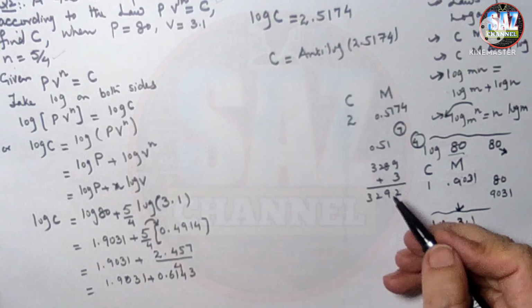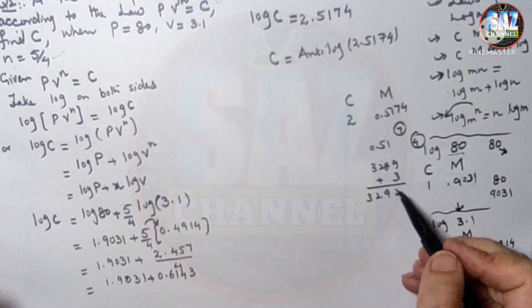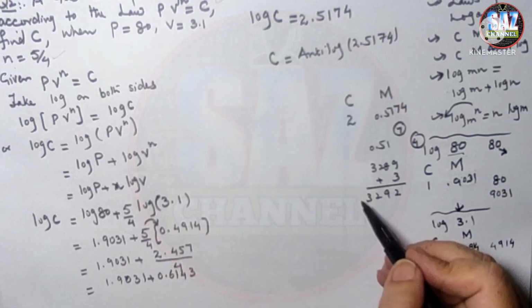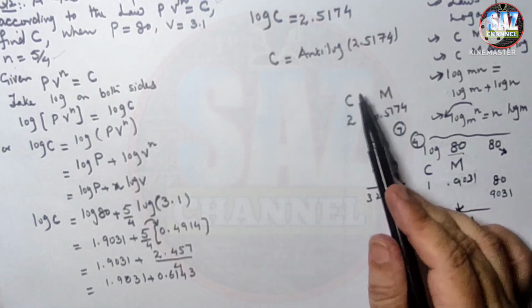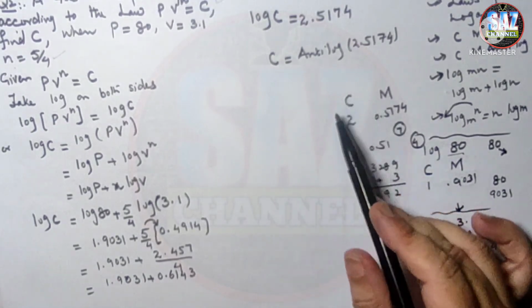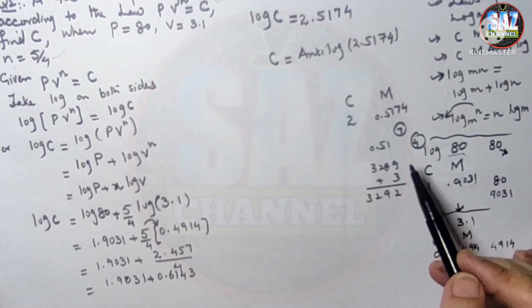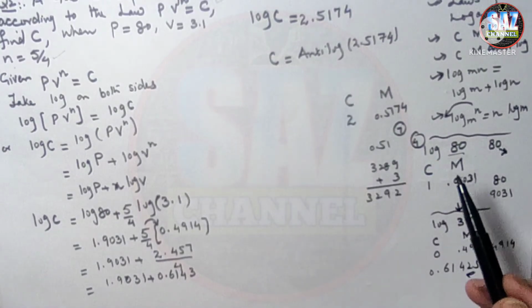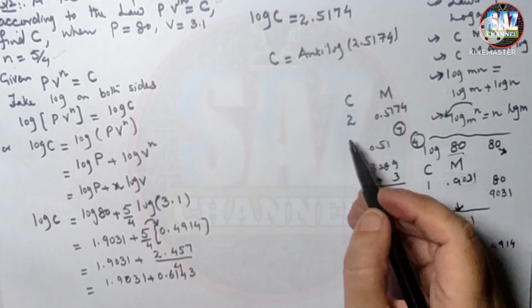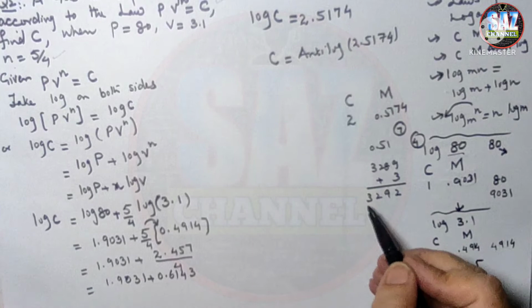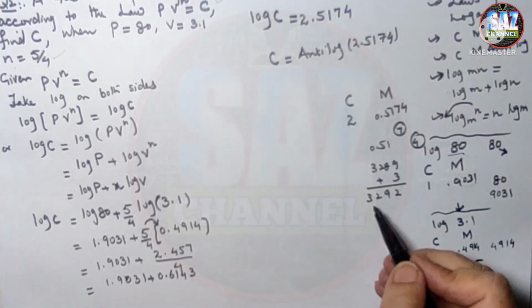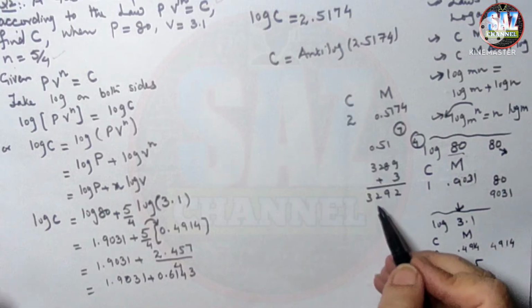Now it's time to discuss the role of the characteristic. The characteristic is 2, and it's positive as well. So we add 1 to this characteristic, and whatever number comes, we place the decimal after leaving that many digits from the left-hand side.